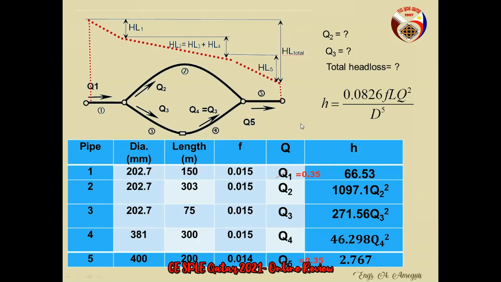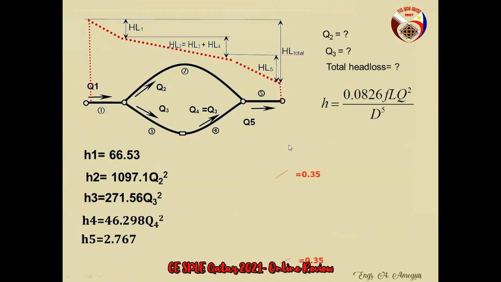What is your equation? You have H1, H2, H3, H4, and H5. In this case, I can say that Q3 equals Q4, and H2 equals H3 and H4. So the continuity equation: Q2 plus Q3 equals Q1, and Q1 is 0.35.